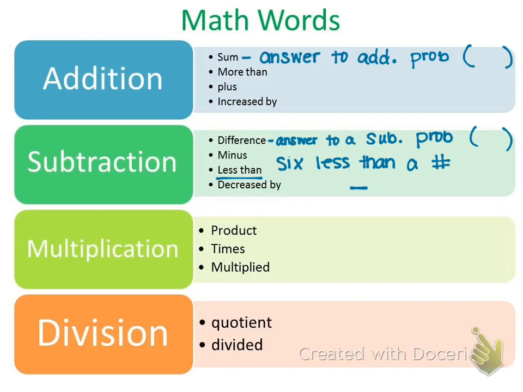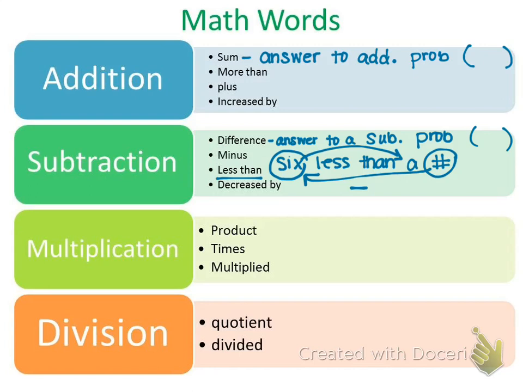But what this word less than means is that whatever is written first has to go second, and whatever is written second has to go first. Okay? Because whenever you do subtraction, the order matters. Think about it. What's 5 minus 2? 3. But what's 2 minus 5?